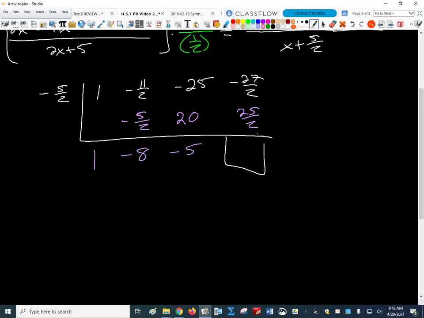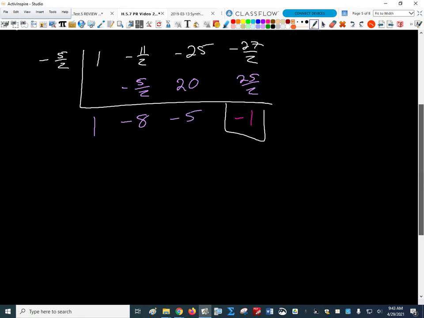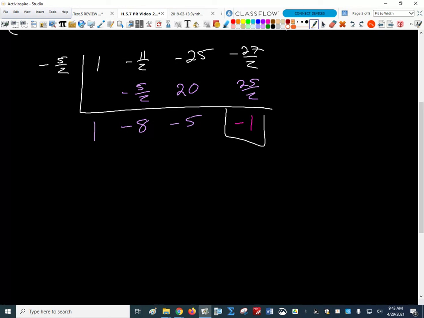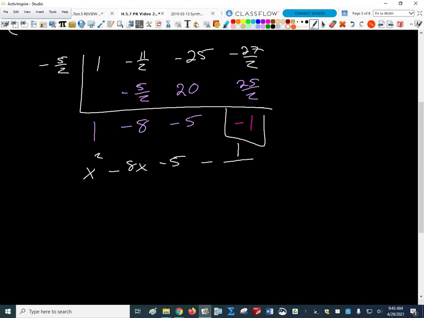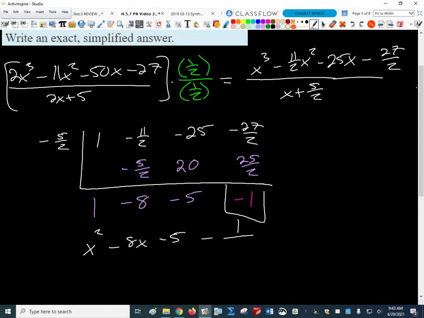And if I add there, I'm going to get -2/2, which is -1, right? Agreed? Okay, so then what's my answer? x squared minus 8x minus 1, minus that, right?